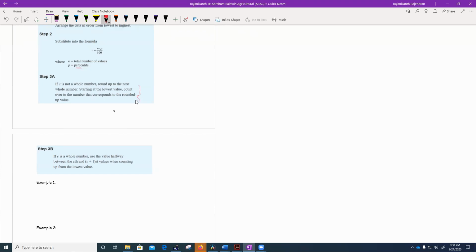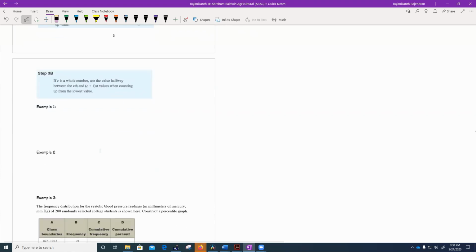Suppose c is a whole number, then what do you want to do? If c is a whole number, then use two data values, the c place and the c plus 1 place. So these two are going to be the positions of the data value. Suppose c is 4. Remember 4 is a whole number. That means you have to look at two data values after arranging from the lowest to the highest.